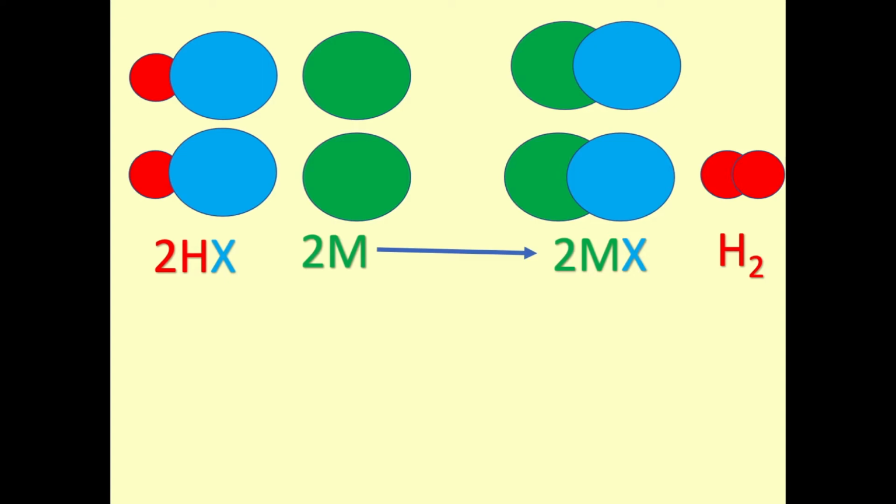And then the green particles, those are representing our metal atoms. And what you can see here is that we form a compound between a metal and a non-metal. And hopefully you've remembered that metals and non-metals form ionic bonds. And we're going to look more at the structure of these compounds in our next lesson. And our hydrogen, H2, is a diatomic molecule, as we have 2 atoms of hydrogen bonded together.